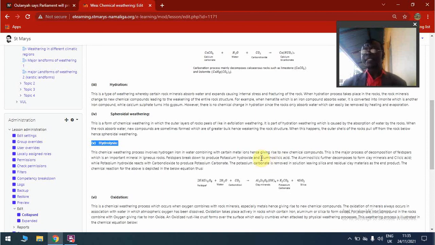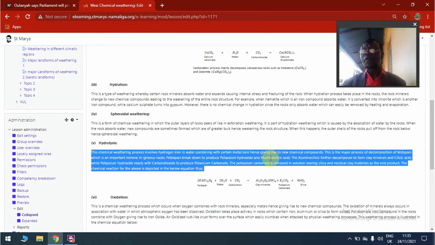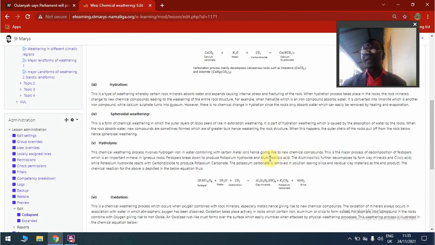Aluminosilicic acid is composed of hydrogen aluminium silicate. Then this aluminosilicic acid will further be attacked by chemical means, and the minerals of this aluminosilicic acid will further be broken down into constituent minerals, which will produce clay minerals.